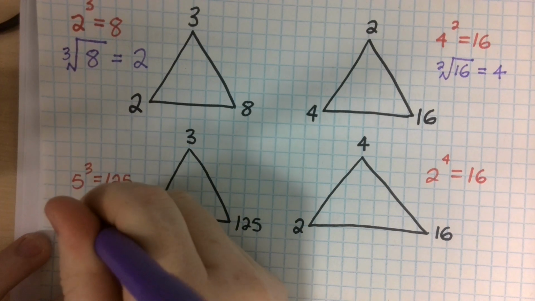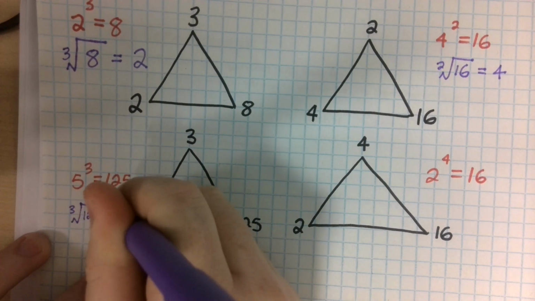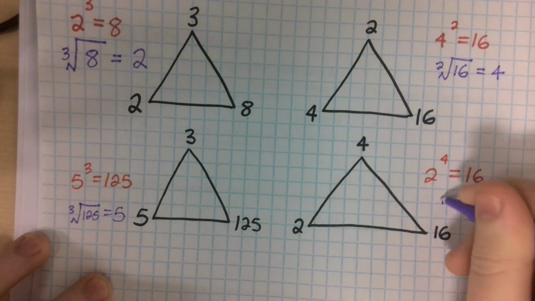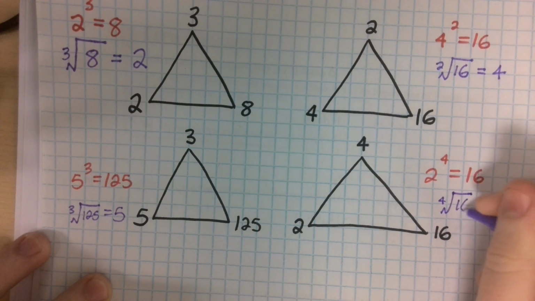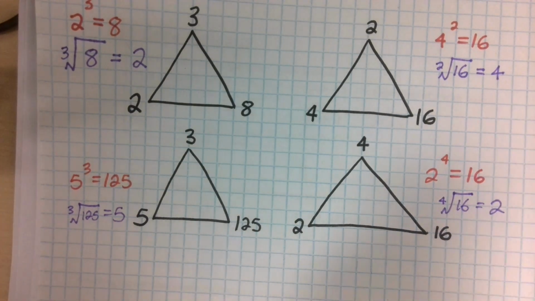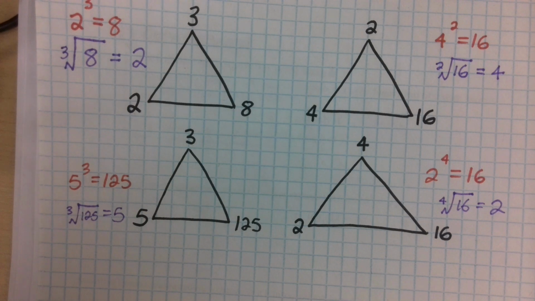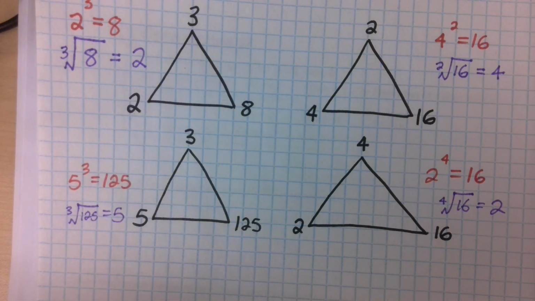The cube root of 125 is 5, and the 4th root of 16 is 2. Are there any other ways we could speak this language? It turns out there is just one more, one that we may not realize.